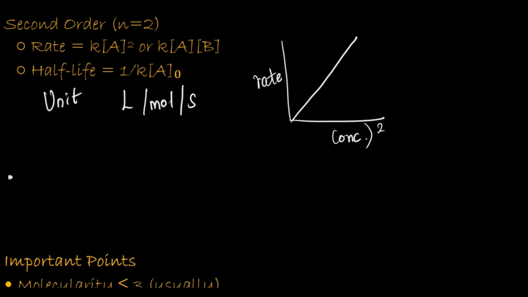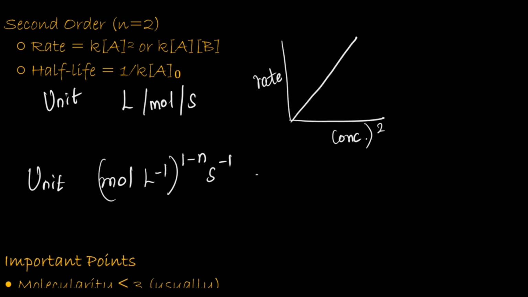For example, unit, they can ask the 10th order reaction as well. What is the unit for 4th order reaction, 10th order reaction? So that follows a simple formula: mole liter inverse to the power 1 minus n. n belongs to order. Then second inverse.